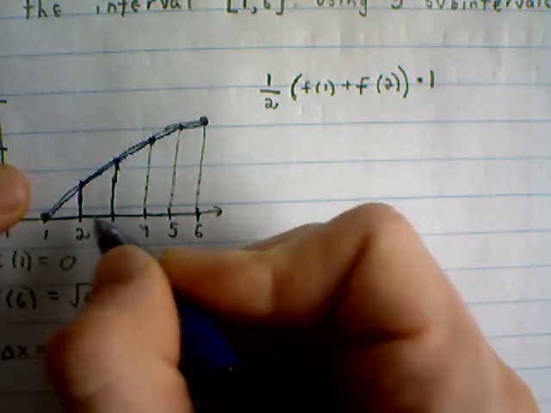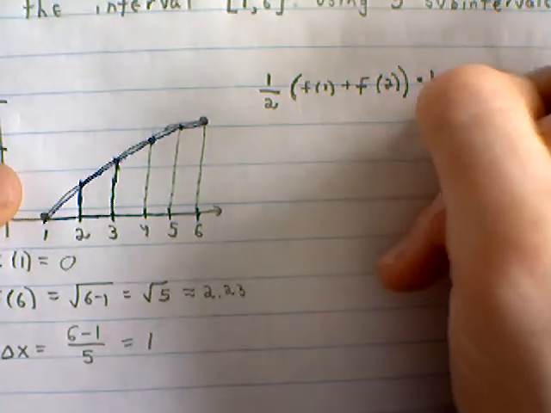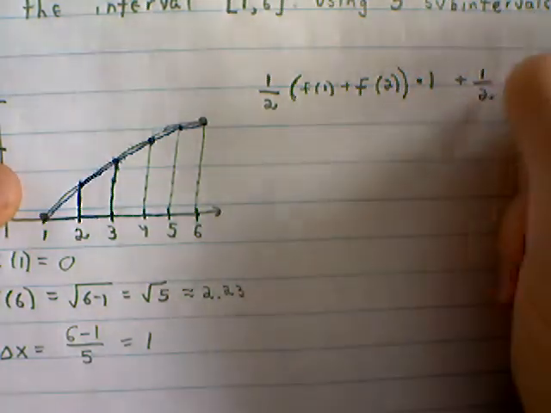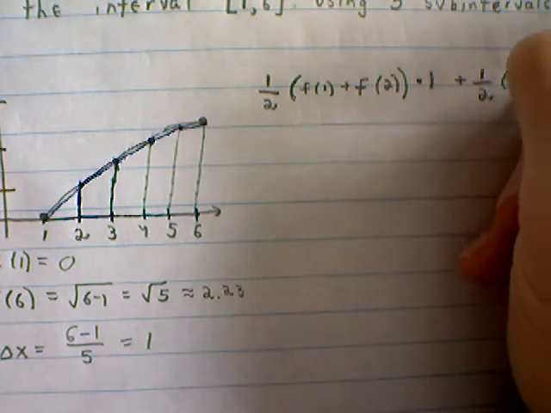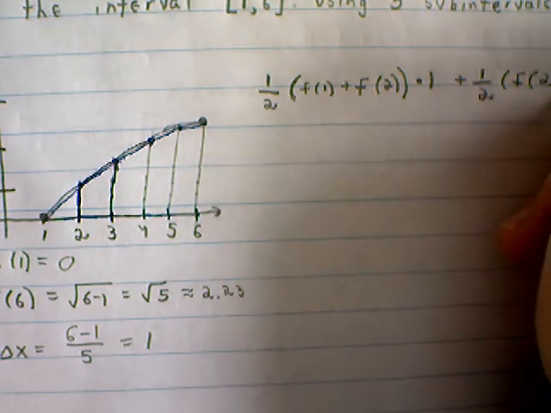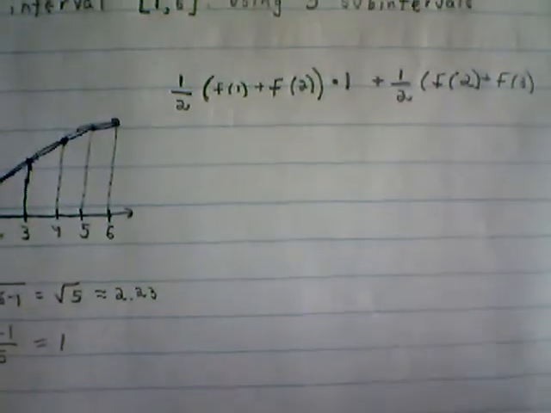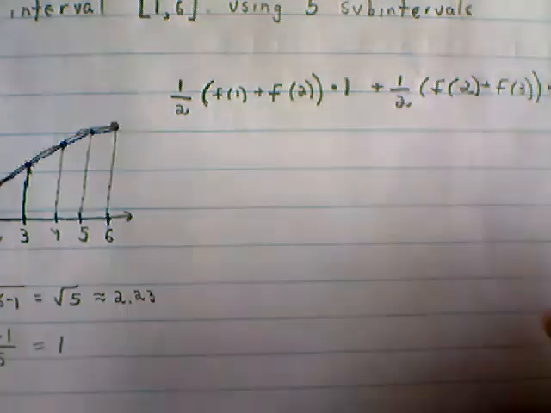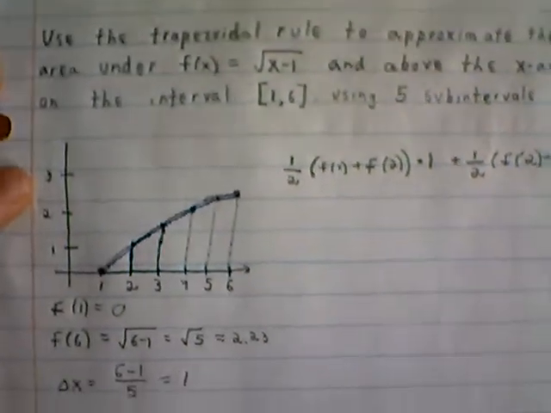My height is going to be 1. So I'm going to have plus 1/2 times f of 2 plus f of 3 times my height of 1.